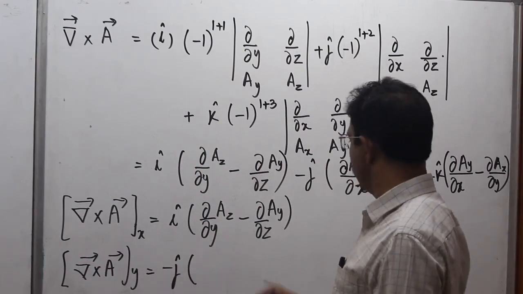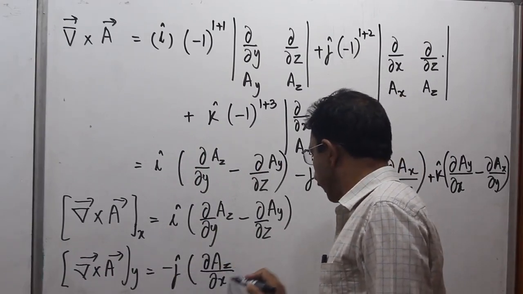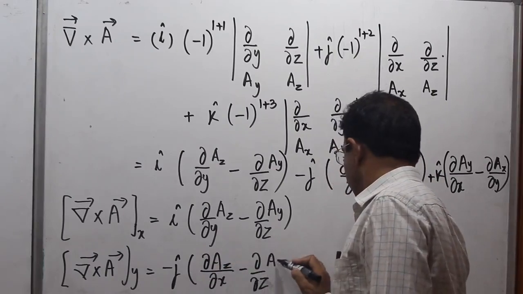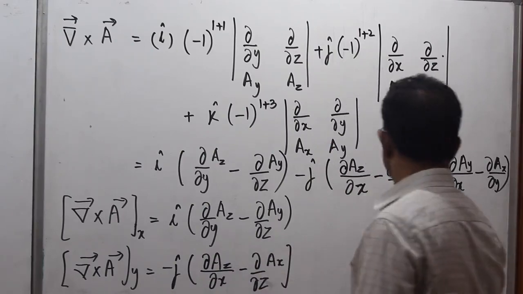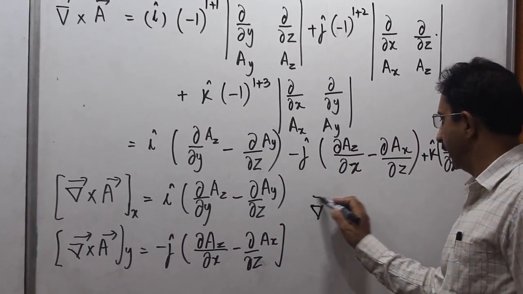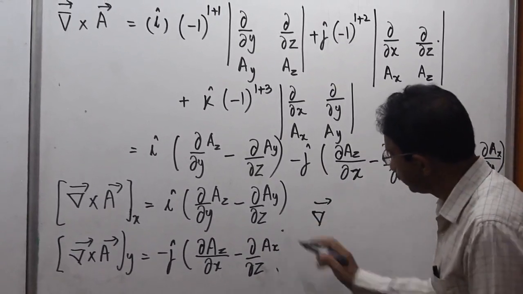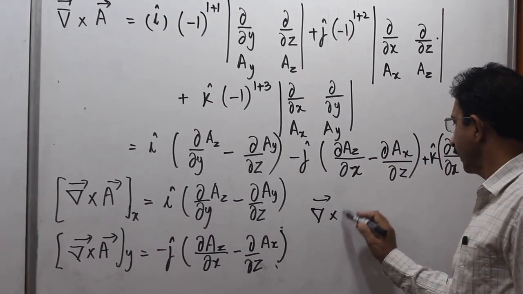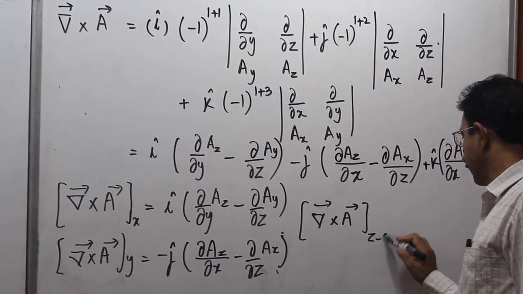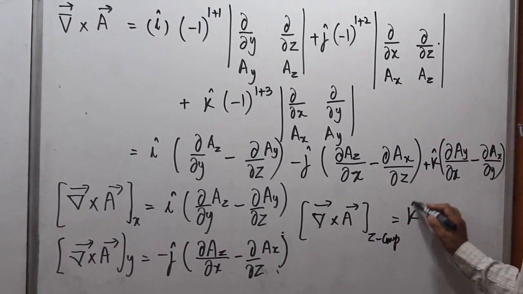You can also absorb this minus sign inside, so that we have this one as the y component. We also have its z component, so the z component of curl A would be equal to the z component, so it is k cap.